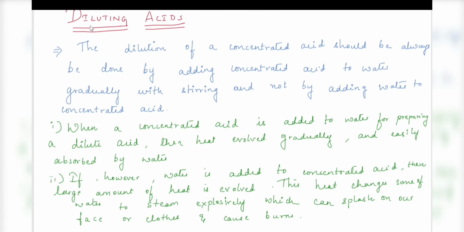Now let us understand the procedure of how to dilute an acid. A concentrated acid can be diluted by adding the acid to water. So always we should take the water and add the acid to it. Gradually we have to stir it, and we should never add water to the acid.